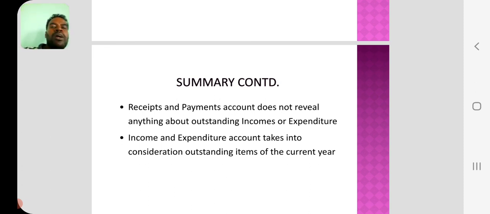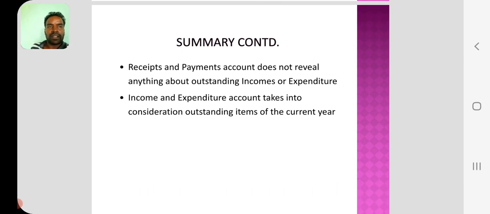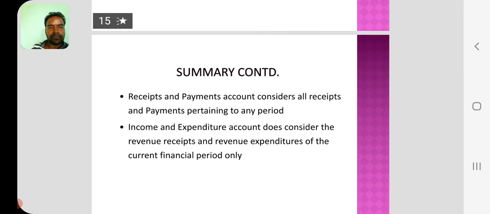It should record only cash, whether cash is received or not. That is the matter, not outstanding, not accrued, prepaid, like that. Only whether it is received or not. Only that transaction should be recorded in receipts and payments account. Income and expenditure account takes into consideration outstanding items of the current year only.